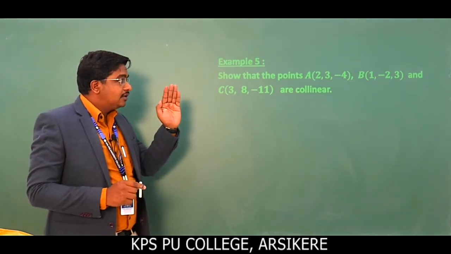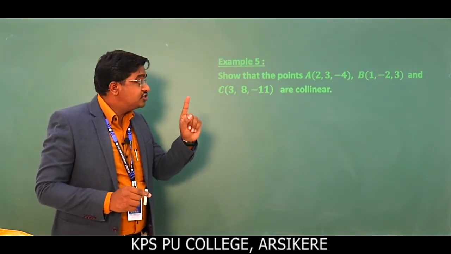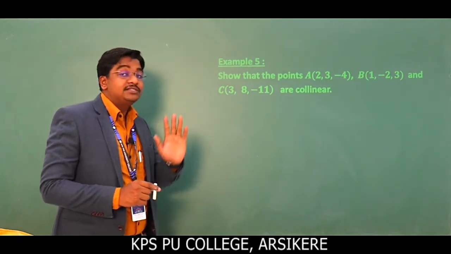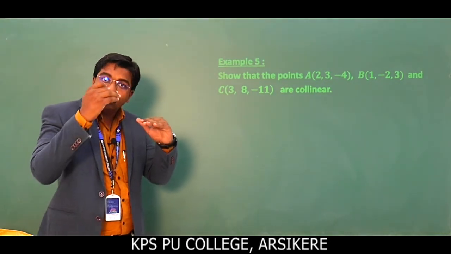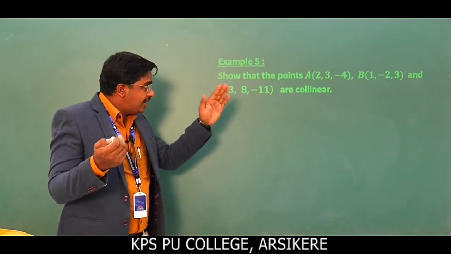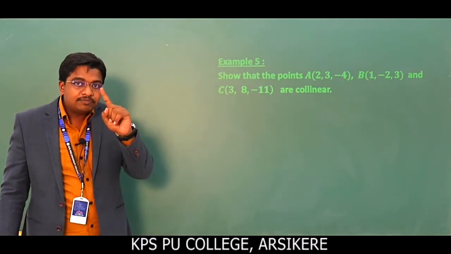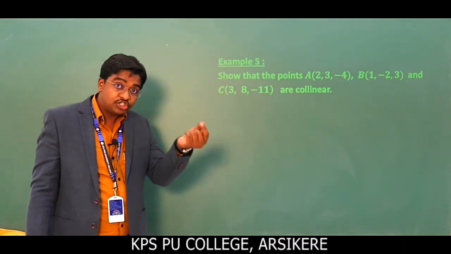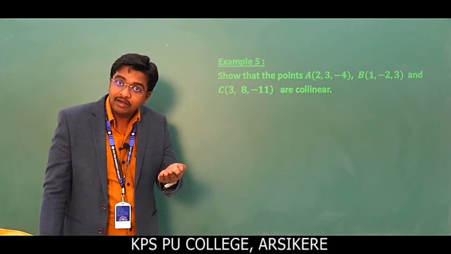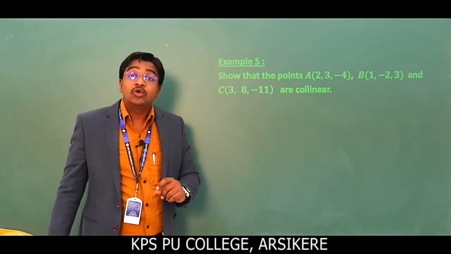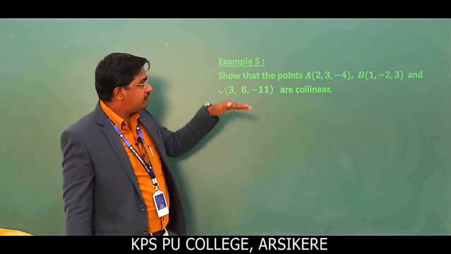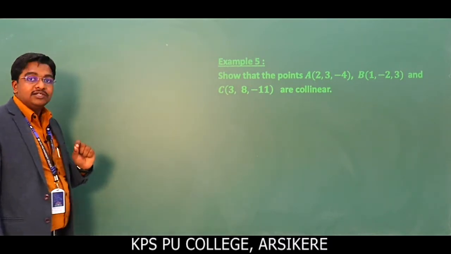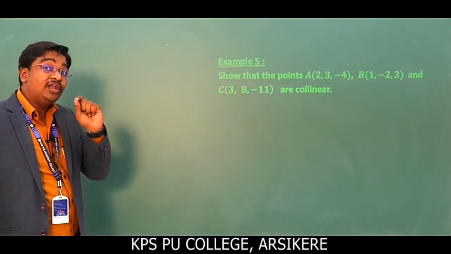Hence the lines joining AB and BC, take one point common to the two lines here. So when we take AB and BC, when the corresponding direction ratios are proportional, the lines are parallel, hence the points are collinear. So using that property we have to show that the given points A, B, C are collinear.